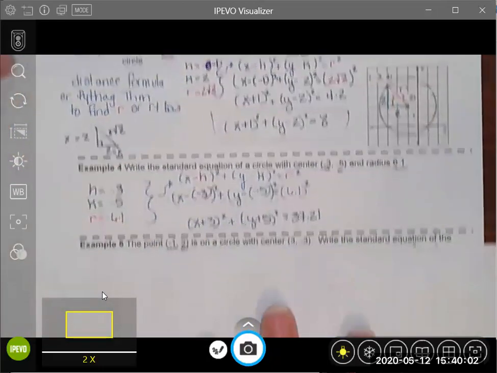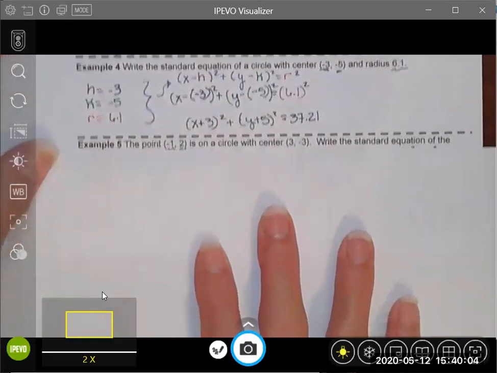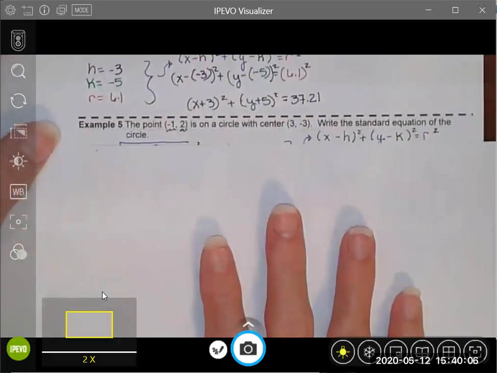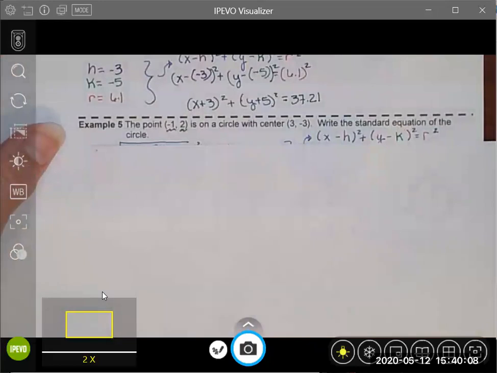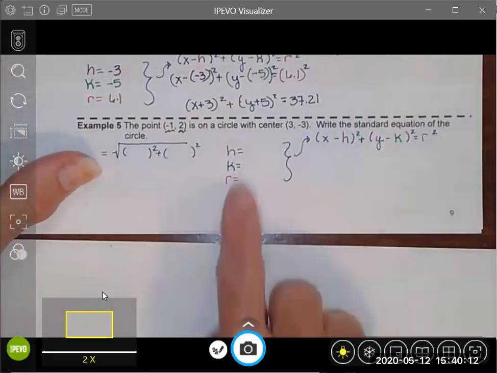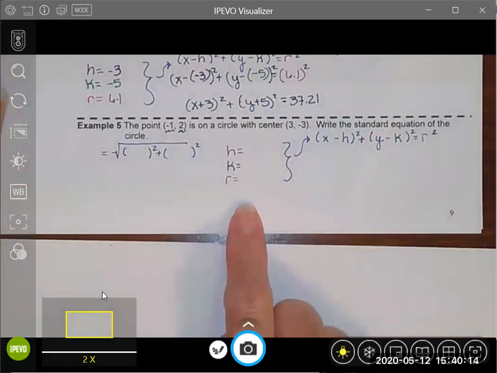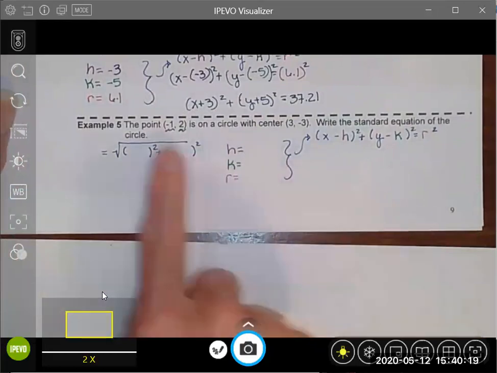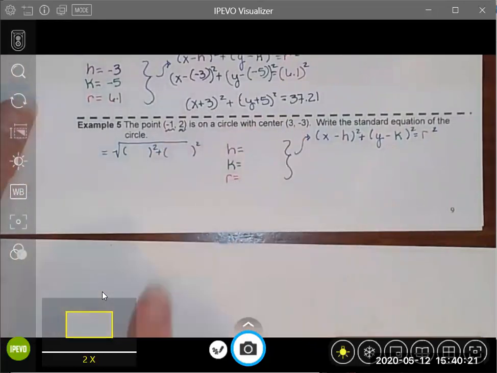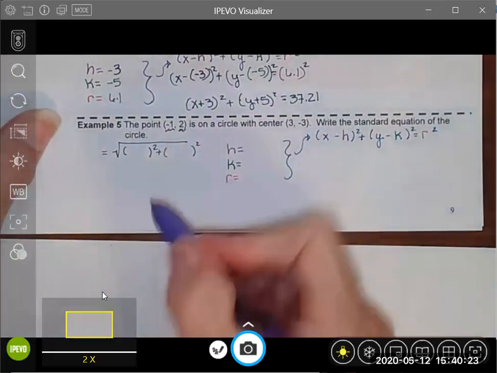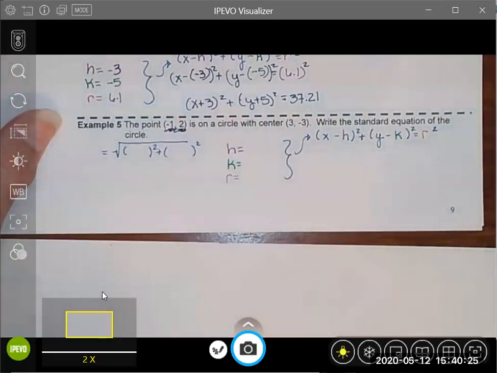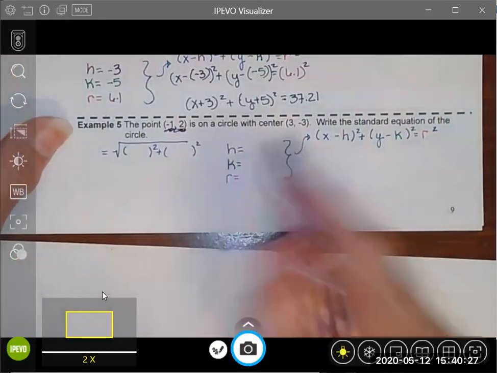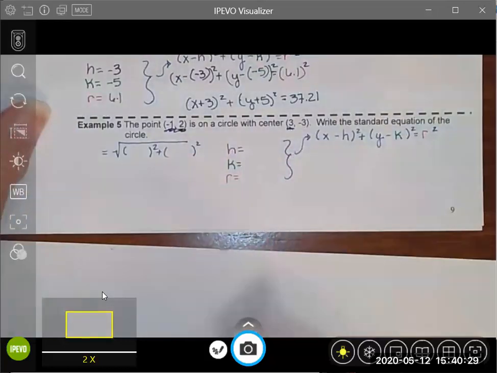Example 5. What was I given in example 5? Well, the first thing I notice is I actually have my point written over here. I have to identify my h, k, and r. And I actually have to find r because they did not give me the radius of this circle. The h of my center follows the x in my formula.